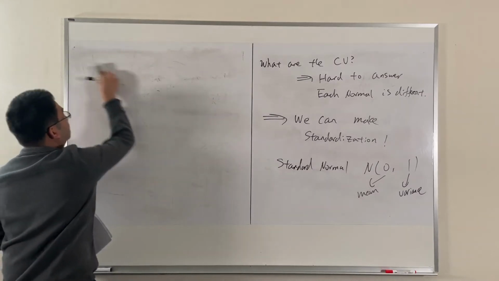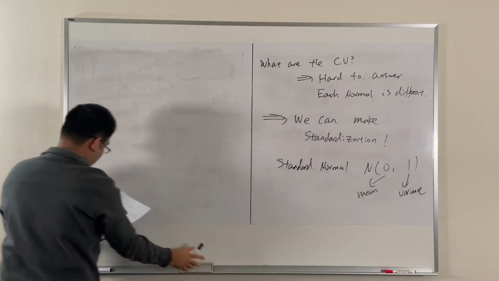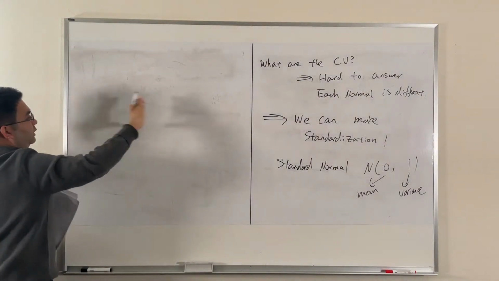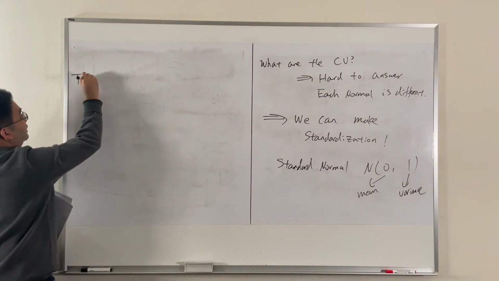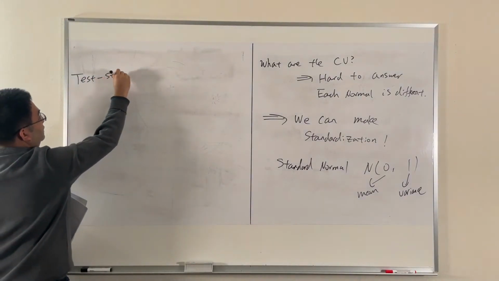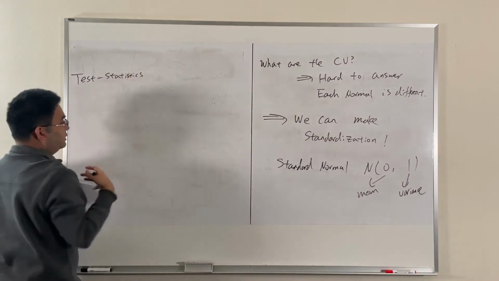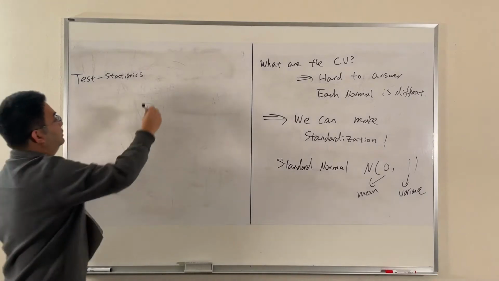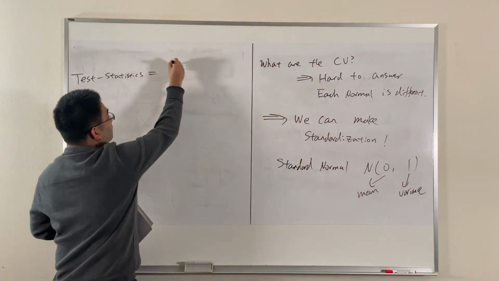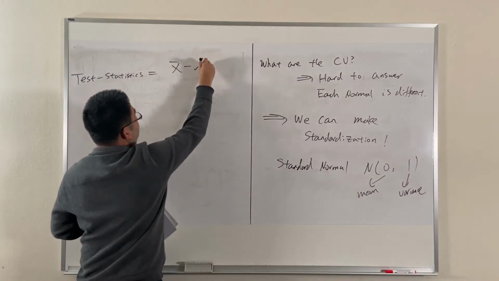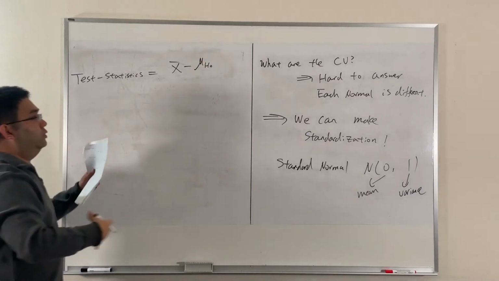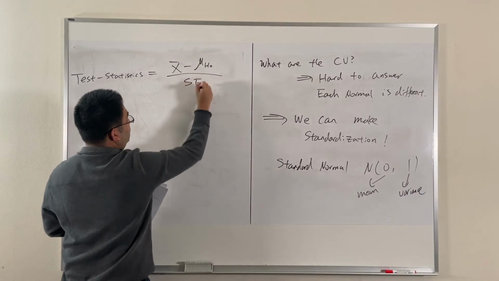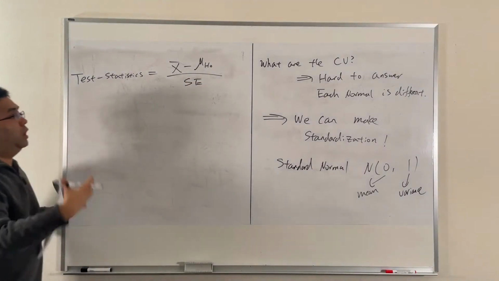Let me go ahead and give you the name of this process. This is our test statistic. It's the value that you're going to compare with your critical value. It equals your sample mean minus mu h naught, the value under the null hypothesis, divided by your standard error, which is the standard deviation of your sample mean.